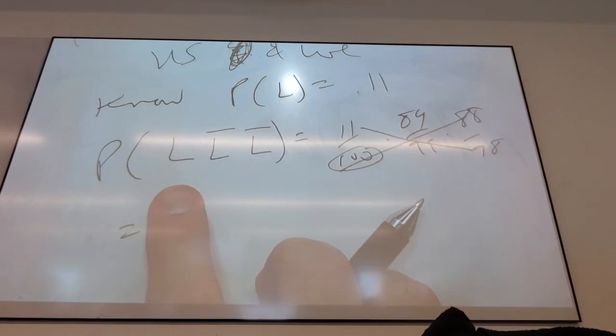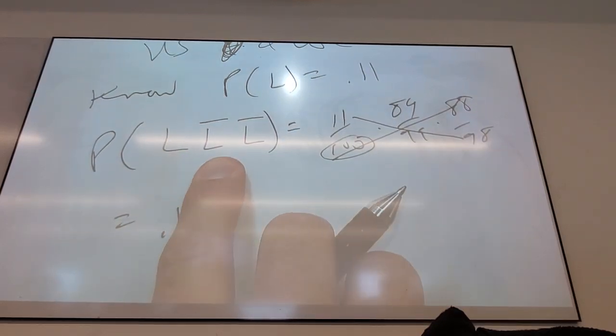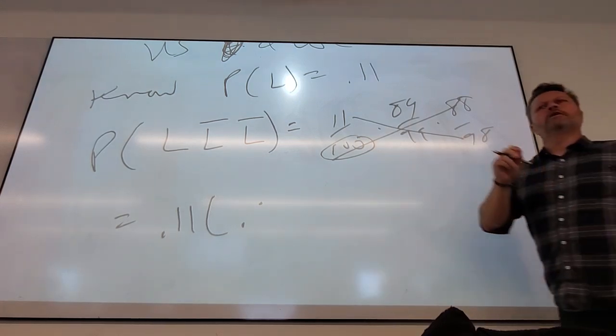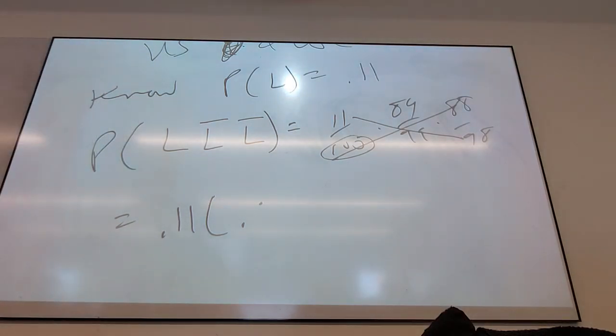You ready? Let's say the probability to pick a left-handed person is 11%. What's the probability to pick a not left-handed person? If that's 11%, what's not left-handed? What must be true? If the probability it's going to rain today is 5%, what's the probability it's not going to rain? 95%. The probability it's going to rain today is 5%, the probability it's not going to rain is 95.